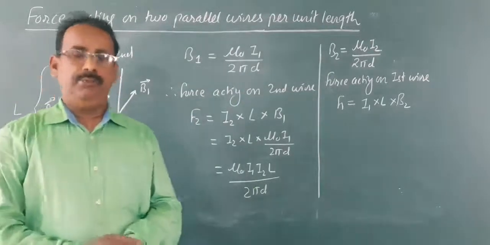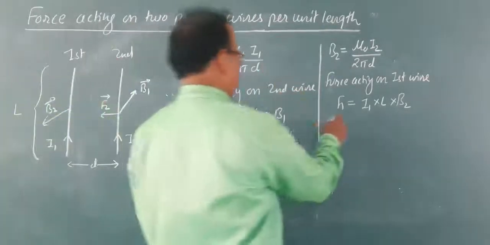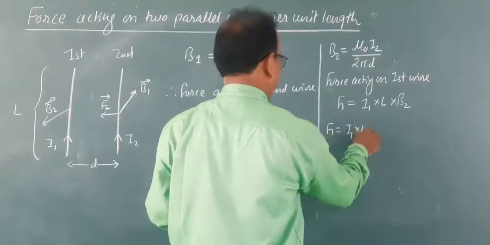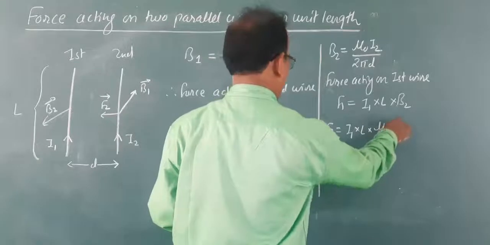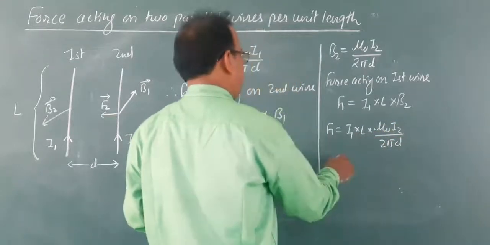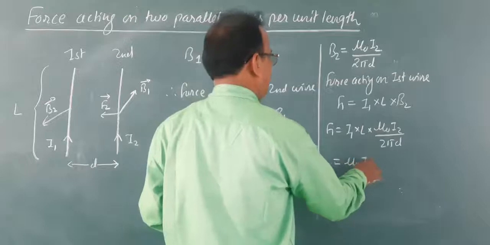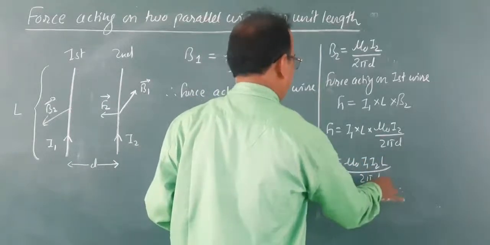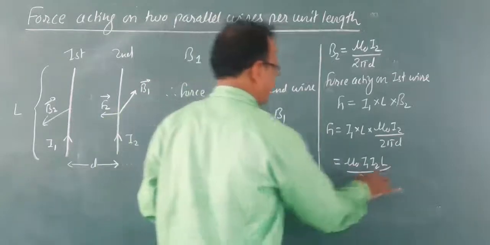Using the value of B2, we get F1 = I1 into L into mu 0 I2 upon 2 pi, which is mu 0 I1 I2 L upon 2 pi D. This is equation 1 and this is equation 2.